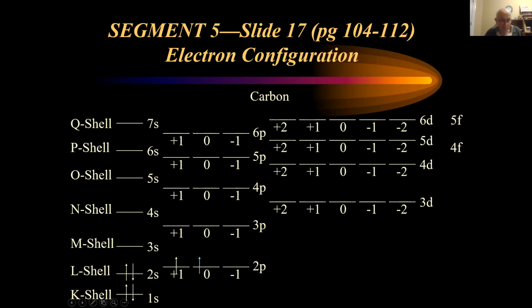But if they're over here in this m sub L value, then there is a node between this one and this one. The electron in the +1 m sub L orbital and the electron in the 0 m sub L orbital have nodes that prevent the electron from one of them from experiencing the other one. There's a node between them. They don't repel each other.